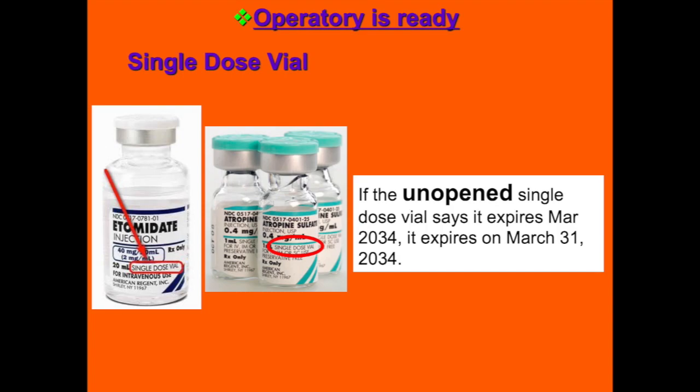So if it's unopened, again, and it's a single dose vial, it expires on the last day of that particular month. So if it's MAR 2034, that's going to be March 31st of 2034. And remember that the single dose is expired the day that you pop the top on it, as opposed to the multiple dose vial that's got preservative with it.